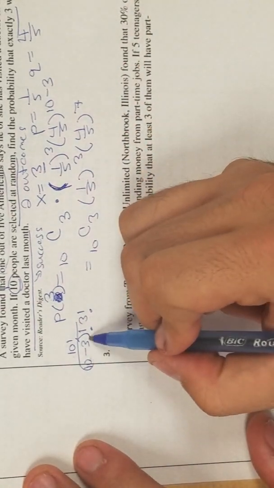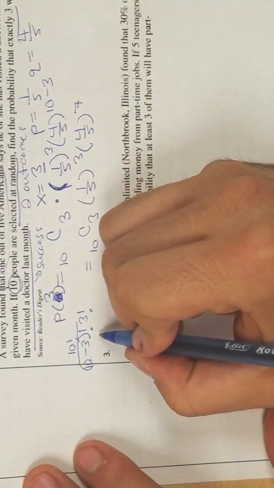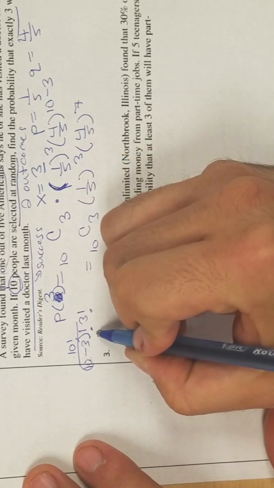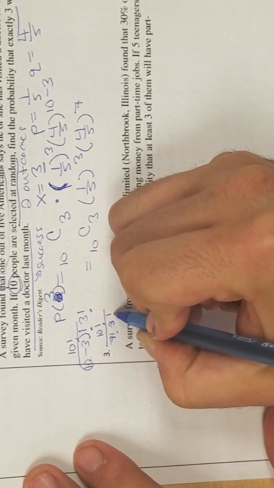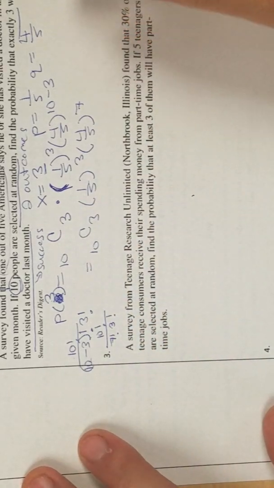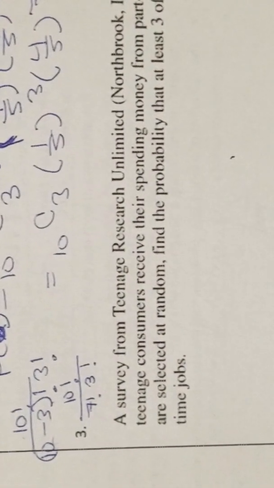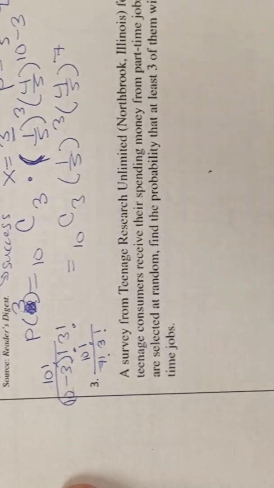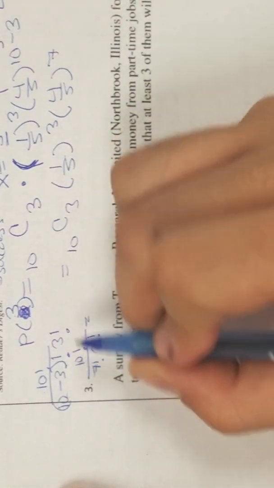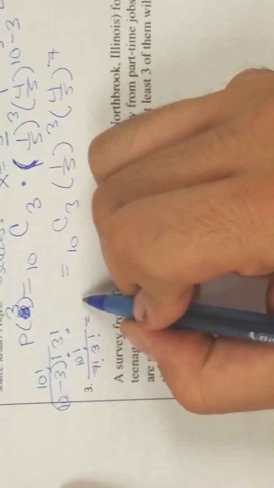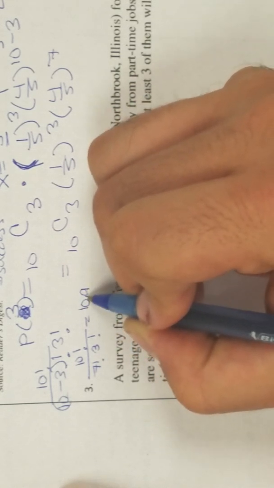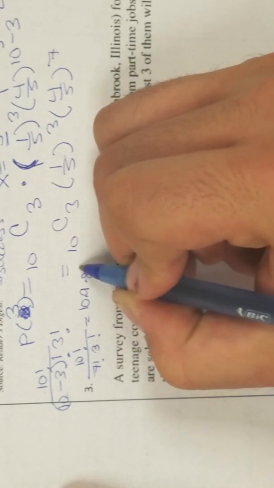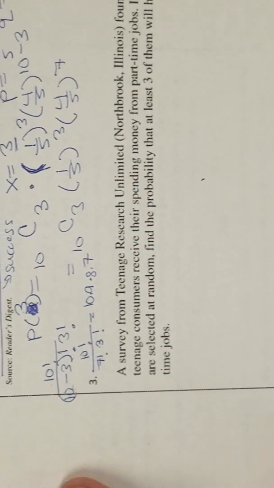All right, so 10 minus 3 is 7. So I got 10 factorial over 7 factorial times 3 factorial. Remember that 10 factorial is 10 times 9 times 8 times 7 times 6 all the way down. So I'm going to rewrite this as 10 times 9 times 8 times 7 factorial.